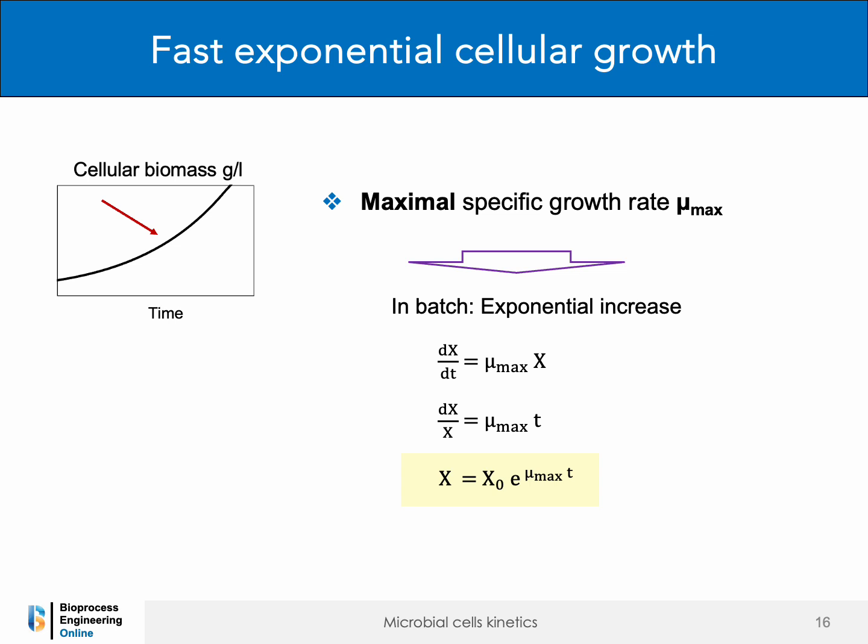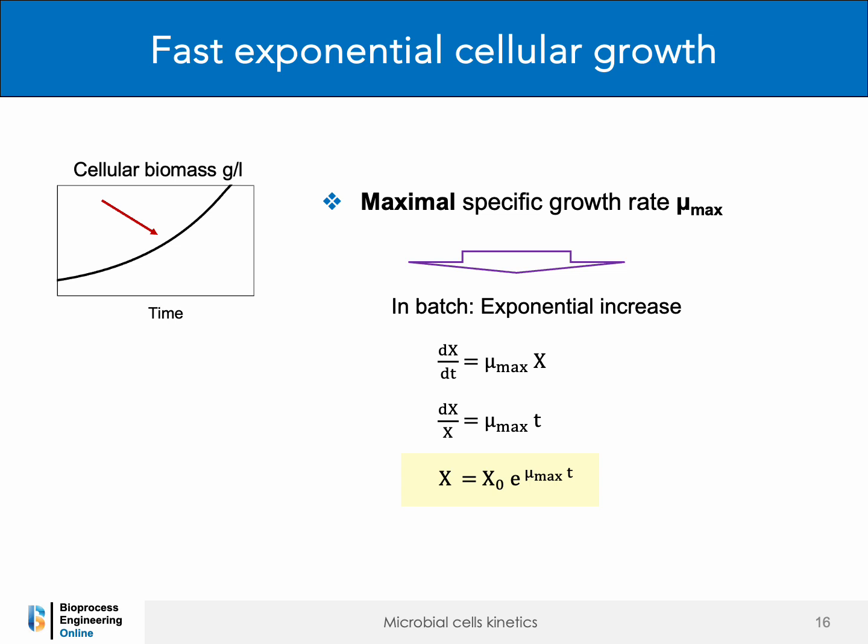Once microbial cells have adapted to the fermentation medium, the cell concentration typically follows an exponential growth pattern. During this phase, cells grow at their maximal specific growth rate, mu max, measured in grams of cells produced per gram of existing cells per hour.